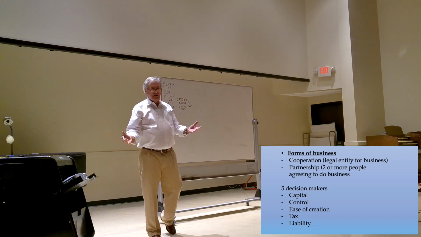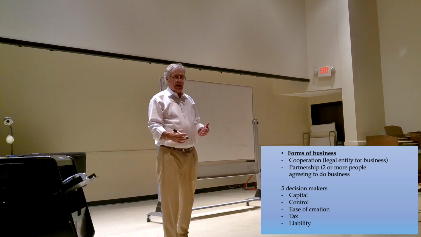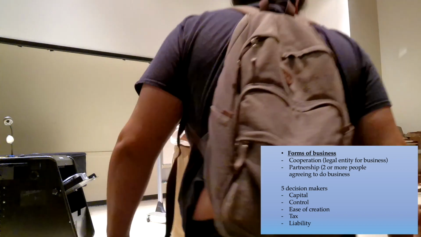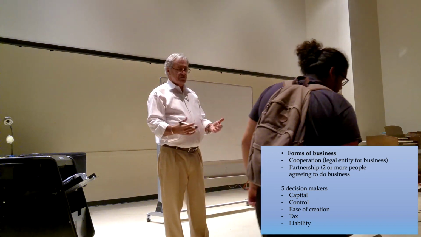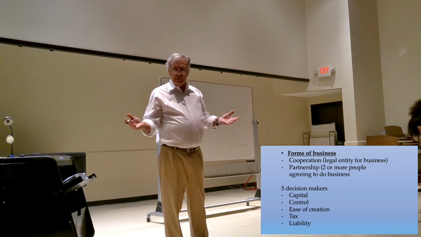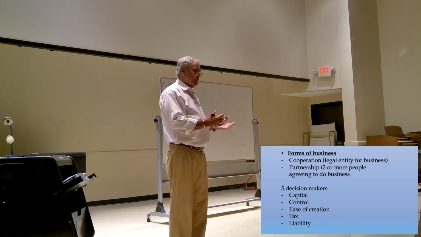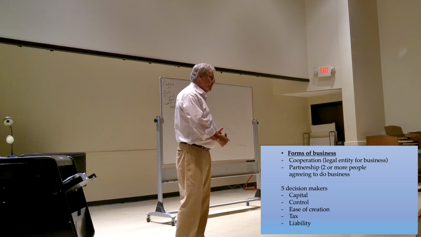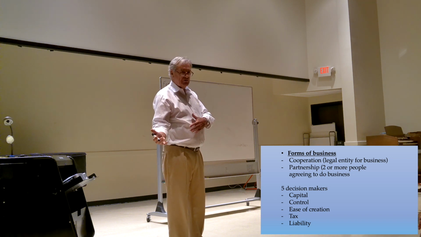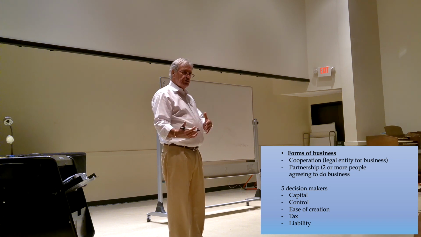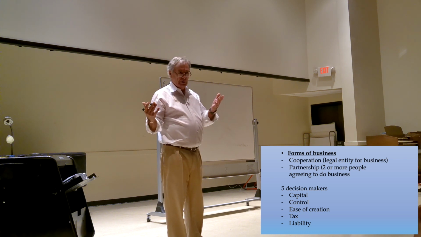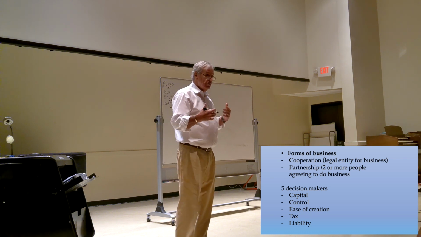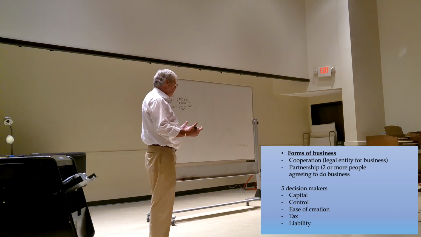If you just say it's a form of business, they got 5 decision makers, I think it should be a partnership, that's a good paper. But if you say they've got a choice between a partnership and a corporation, and give me the definition of the partnership, and then give me the definition of the corporation, then tell me which one you choose, your grade goes up a little bit. That just makes sense. You're explaining to me your answer.